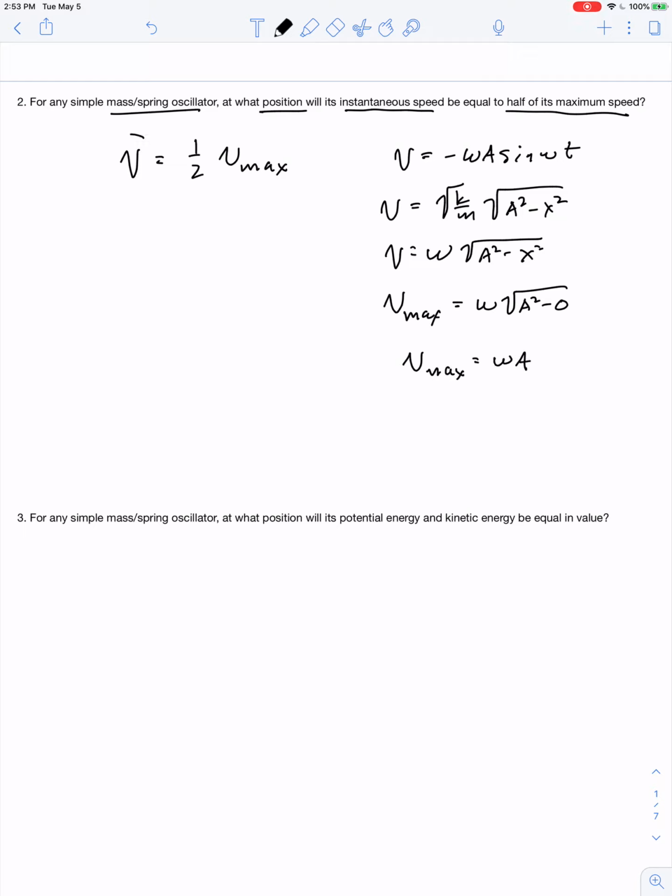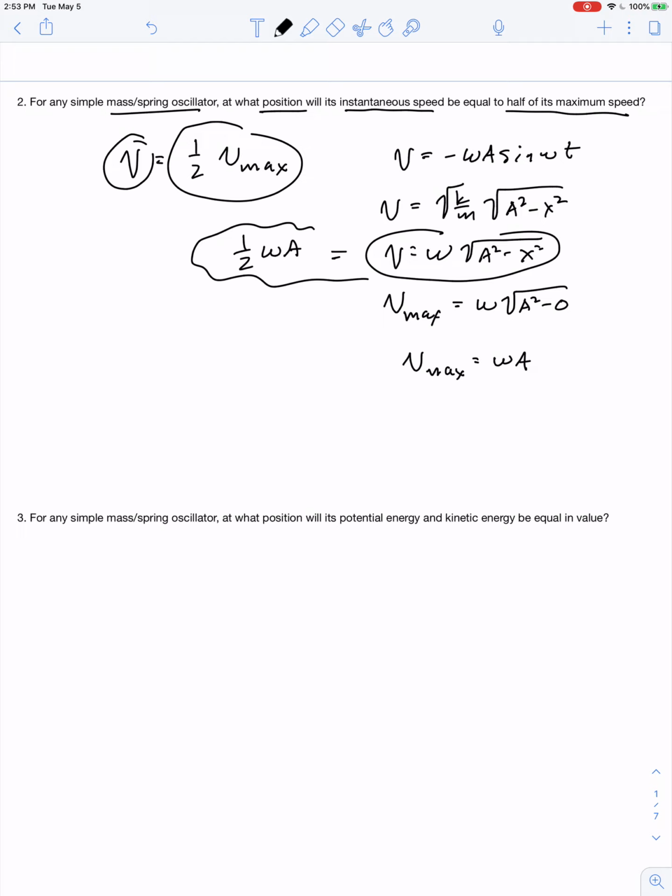So when is this quantity equal to 1/2 of v max? When is it equal to 1/2 of omega A? That's really what we're saying. So if omega times the square root of A squared minus x squared is equal to 1/2 of omega A, we could cancel out the omega and square both sides of the equation and get A squared minus x squared is equal to 1/4 A squared.